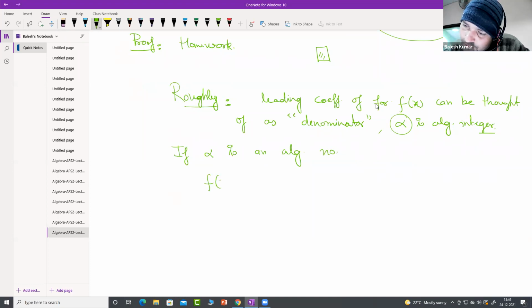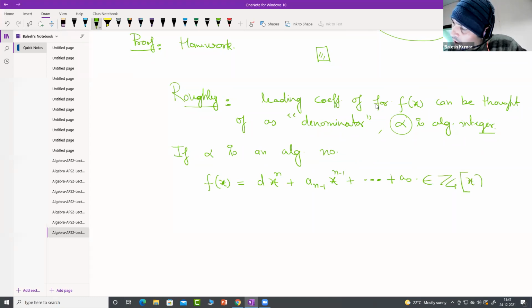Let's say f of x is something like d times x to the power n plus a_{n-1} x to the power n minus 1, and so on, plus a naught. So alpha is a root of some integer polynomial, which belongs to Z of x. Now what I would like to say is that this algebraic number contains a certain denominator, and if you clear that denominator, then this will be an algebraic integer.